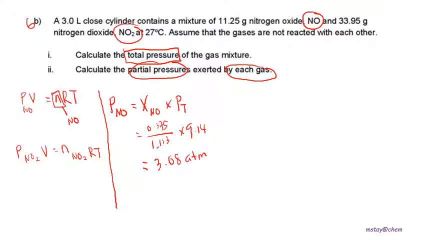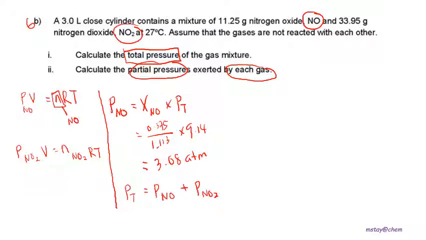You can use the similar formula to calculate the partial pressure for the nitrogen dioxide gas, or you can basically use the formula total pressure equal to partial pressure of NO plus partial pressure of NO2.